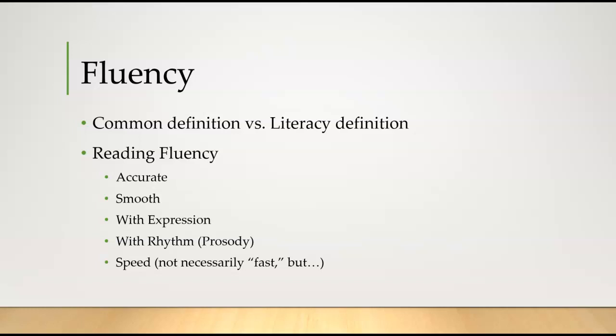Are they reading the words that are on the page? Are they pronouncing them correctly? Are they decoding them correctly? Is the reading smooth? Is it done with expression? And very closely related, is it done with the correct or natural rhythm of speech, which there's a word for that. It's called prosody. I used to have a teacher always make fun of me for putting the emphasis on the wrong syllable. That would be bad prosody.